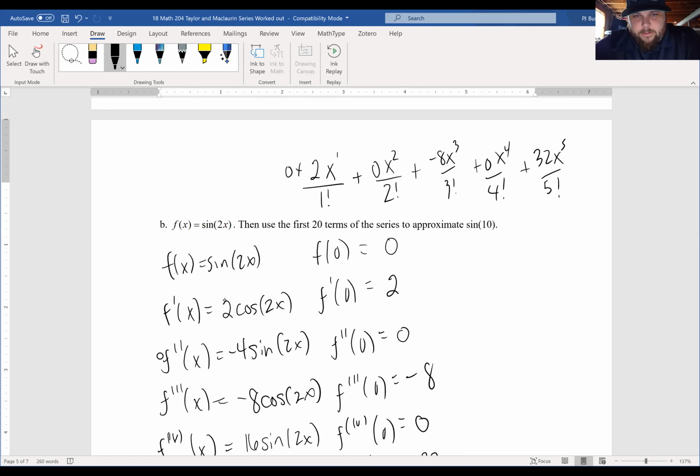And then we simplify that, getting rid of all of these 0 terms, which you don't want to do too soon.